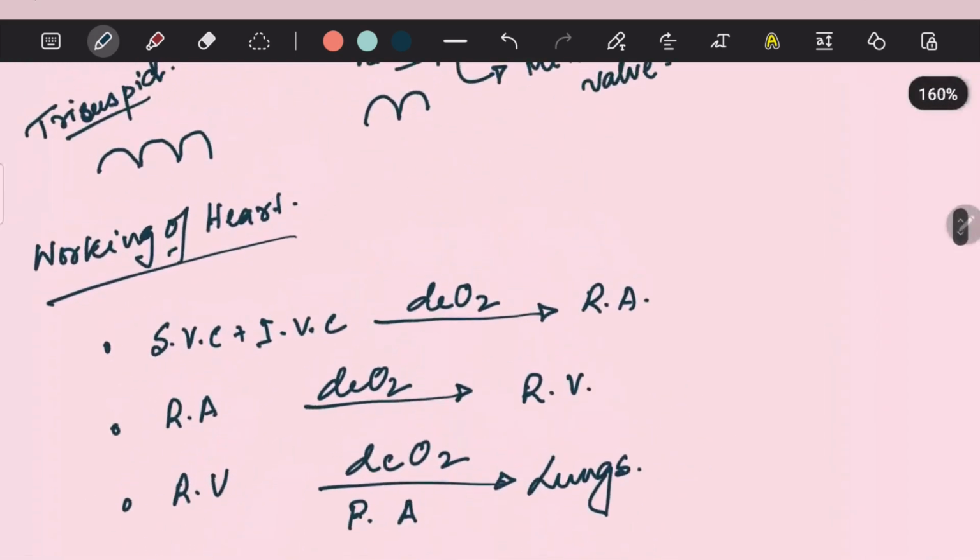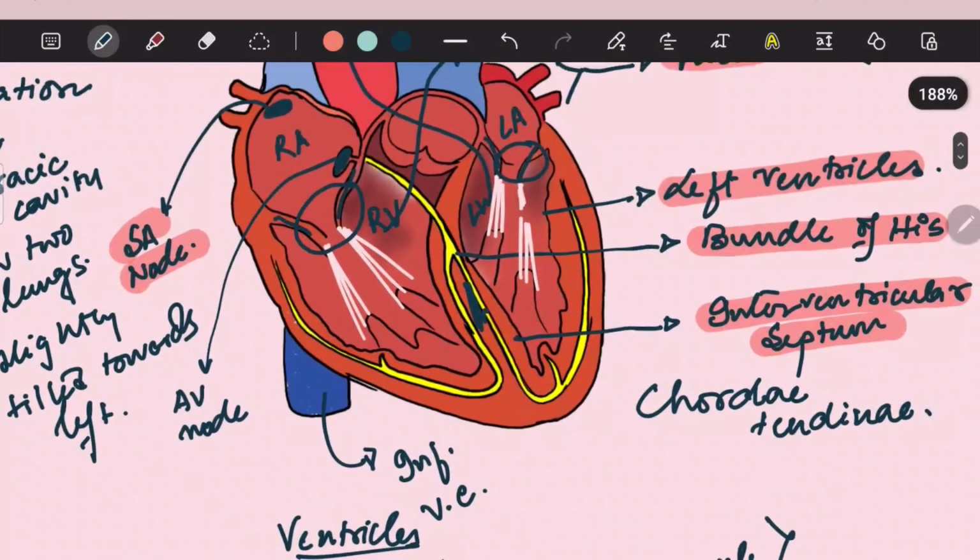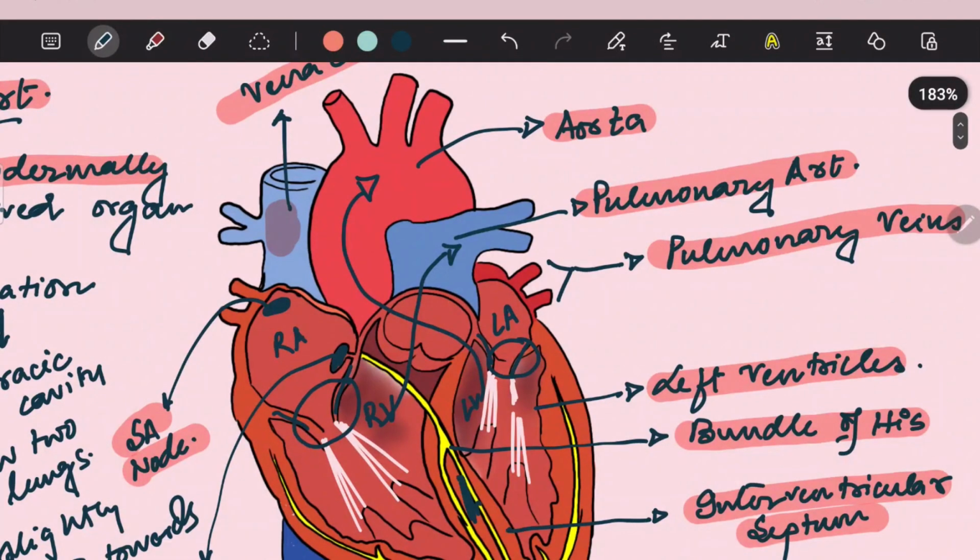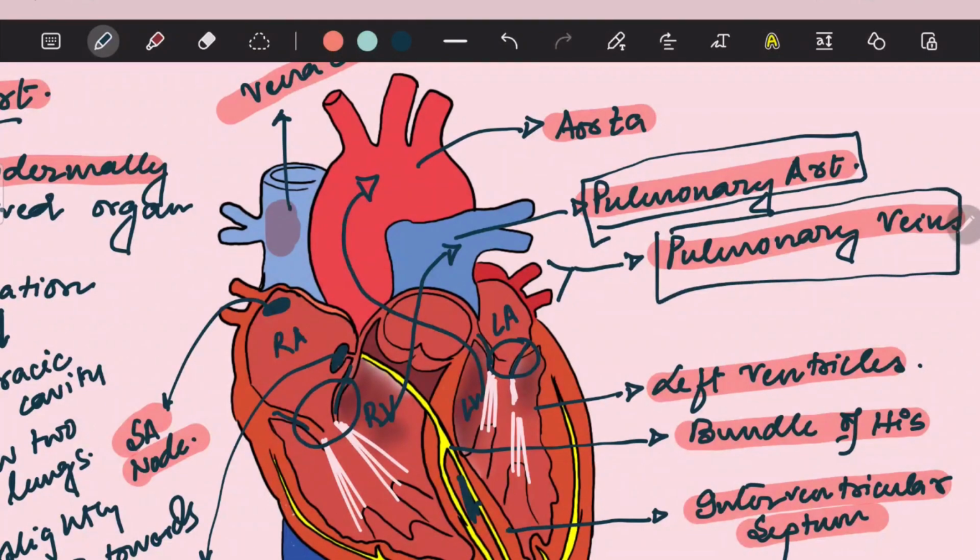Now you can appreciate in the picture, as well as the information provided, that the pulmonary artery carries deoxygenated blood from the right ventricle to the lungs, so it is colored in blue, whereas the pulmonary veins carry oxygenated blood from the lungs to the left atrium, so they are colored in red.